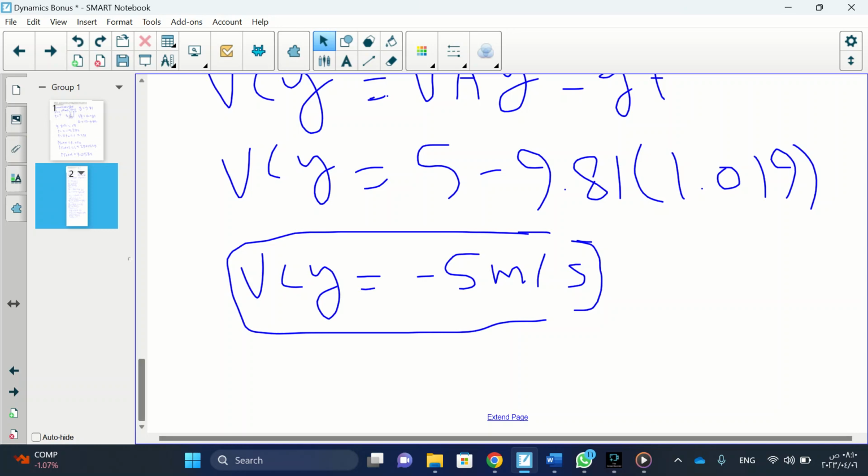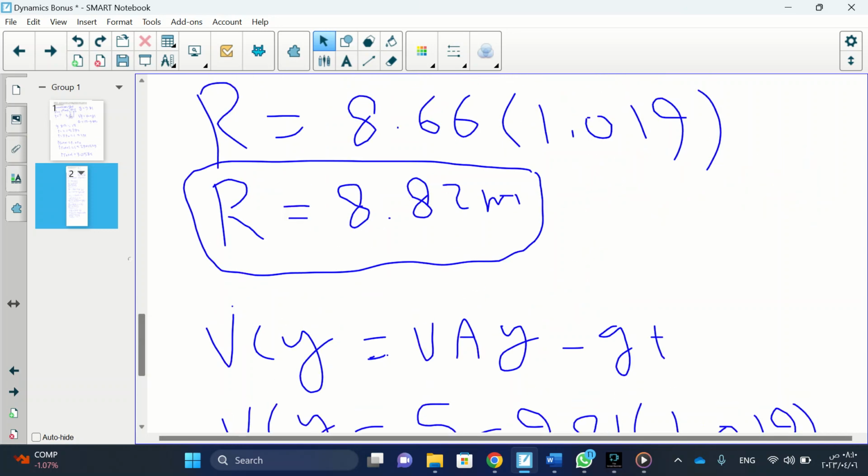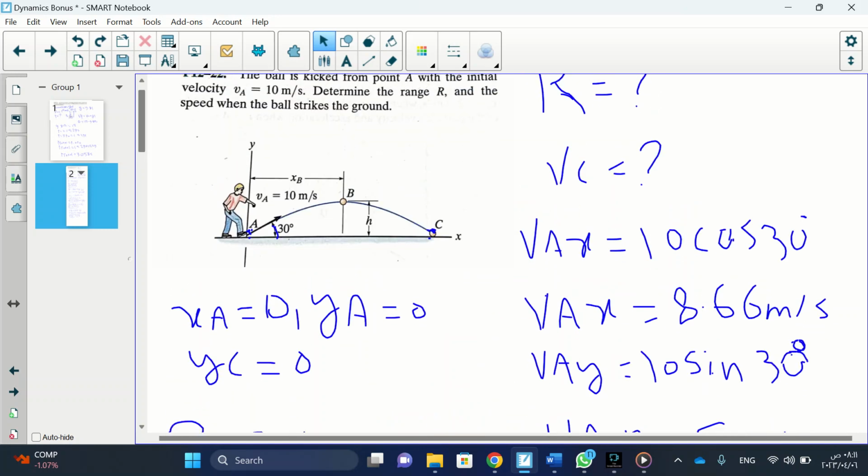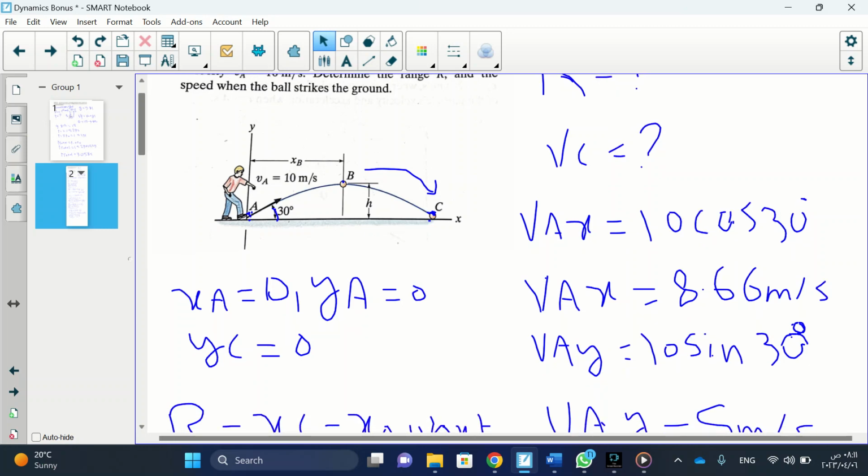It's a good question, and the reason is that it was going up until it reached B, and then it came back down, right? So the speed VCY on the y-axis was going down.